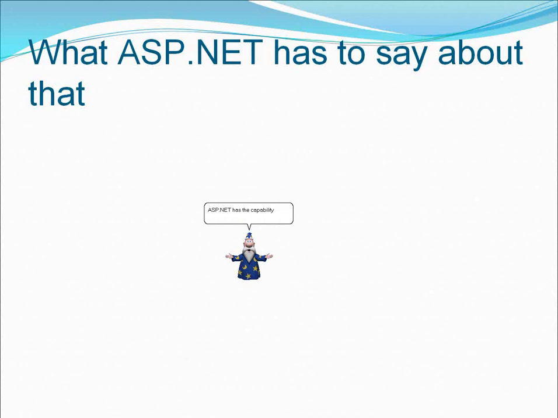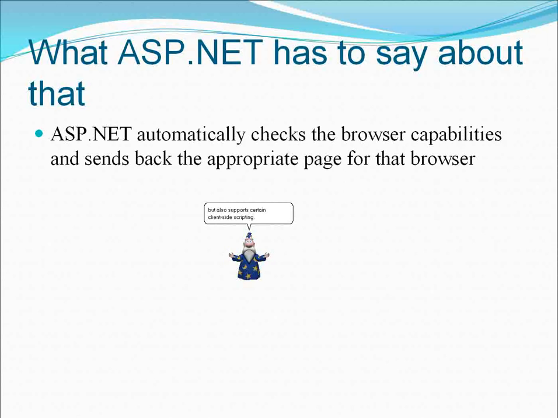ASP.NET has the capability to do everything on the server side, but also supports certain client-side scripting. ASP.NET has the ability to create client-side scripts for some controls, based on the current user's browser.